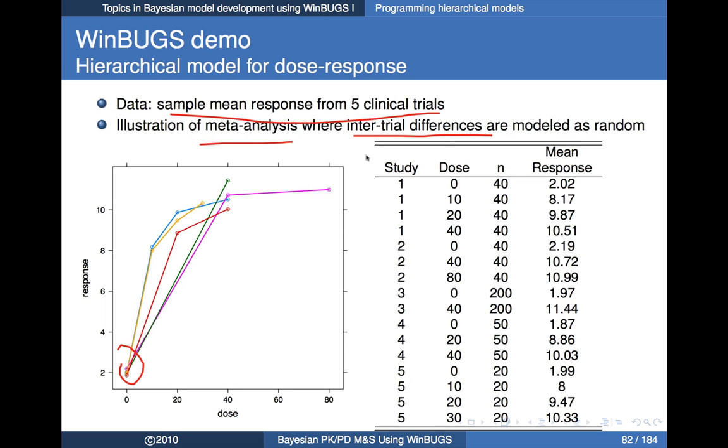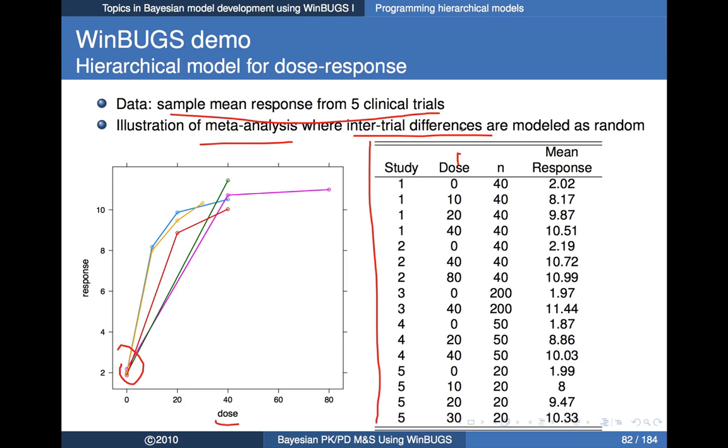And here's a tabular form of the data that's plotted on the left. You can see we've got different columns. We've got study ID here, which is a sequence of integers beginning at 1, 2, 3, 4, and 5. Then our independent variable is going to be dose.